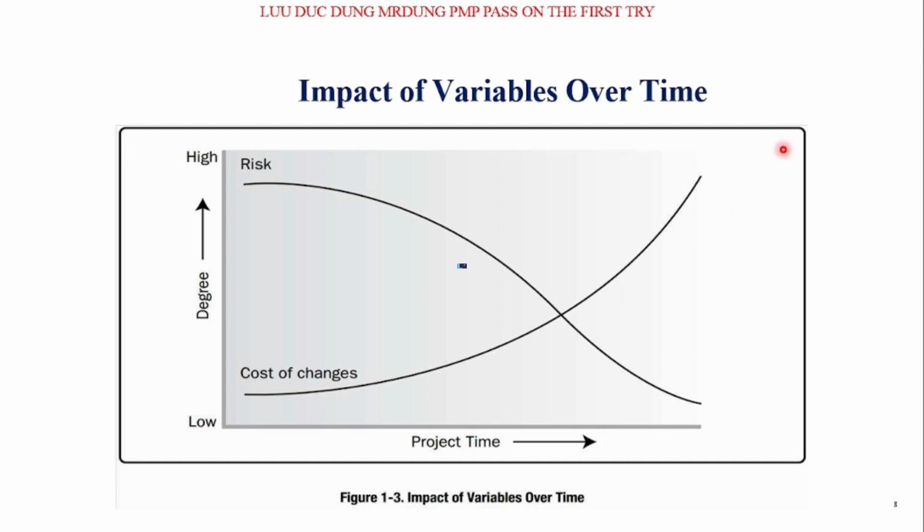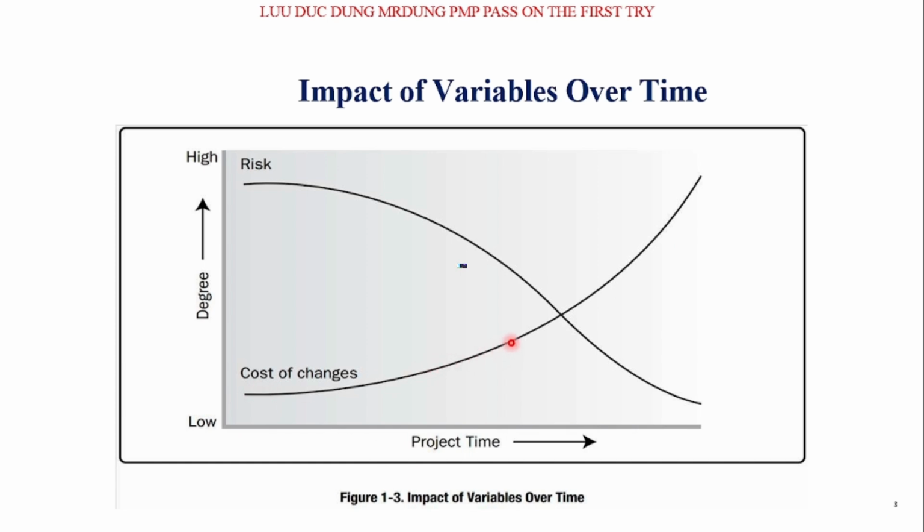This shows the project time and also the degree of low, high, related impact, the impact of variable over time. Based on this picture, we know that for the cost of change, from the beginning, if we change, the cost is very low.